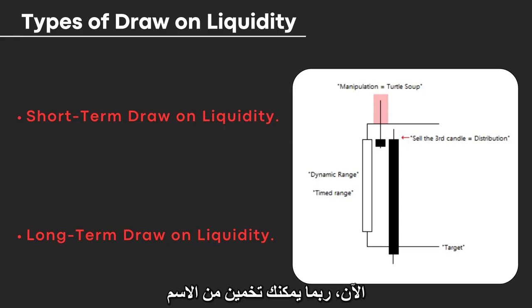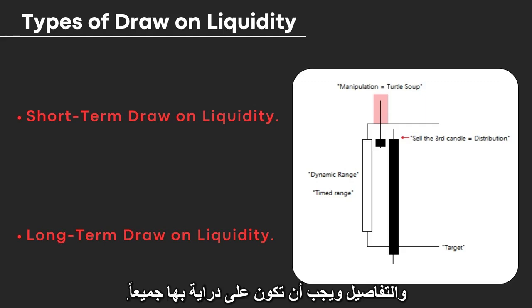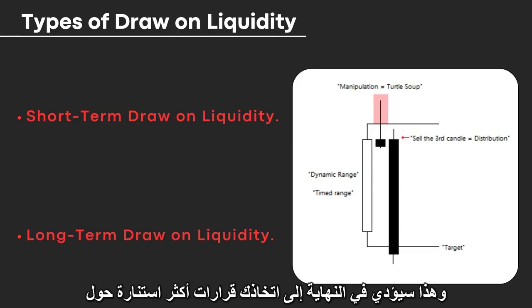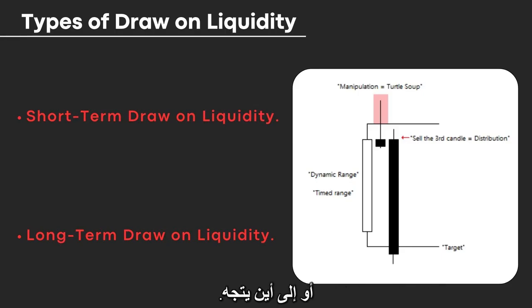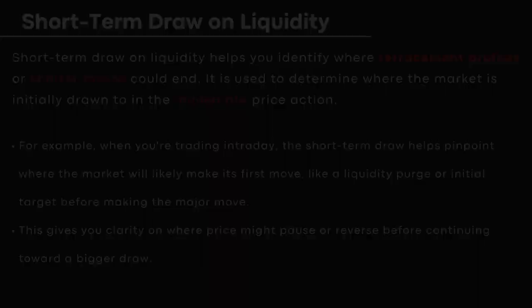You could probably guess the core idea of each by the name, but remember it's not that simple. Each one has a bunch of intricacies and details, and you must be aware of all of them, and that would eventually lead you to making much more informed decisions about where you want to look for trades or where the market is headed.